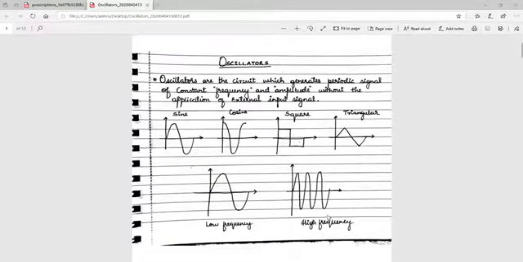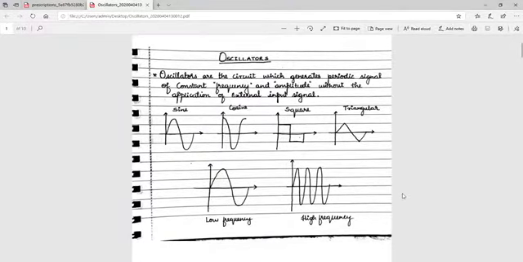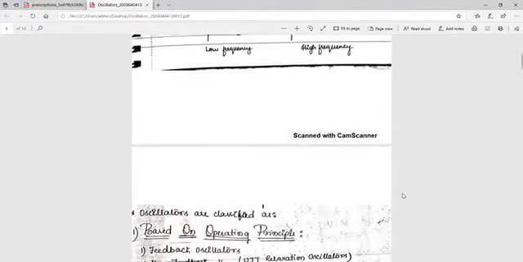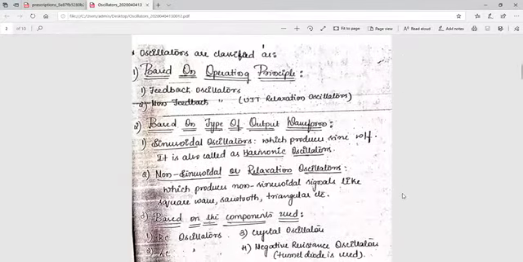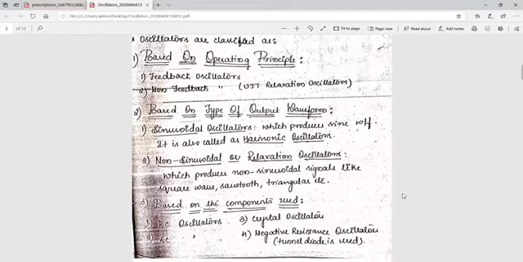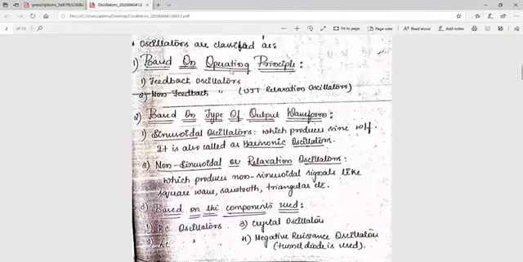Now when we speak with respect to the classification of oscillators, oscillators are classified on the basis of the operating principle. The first one is feedback oscillators, and the other type are the non-feedback oscillators, which are nothing but the UJT relaxation oscillators, that is unijunction transistor relaxation oscillators.